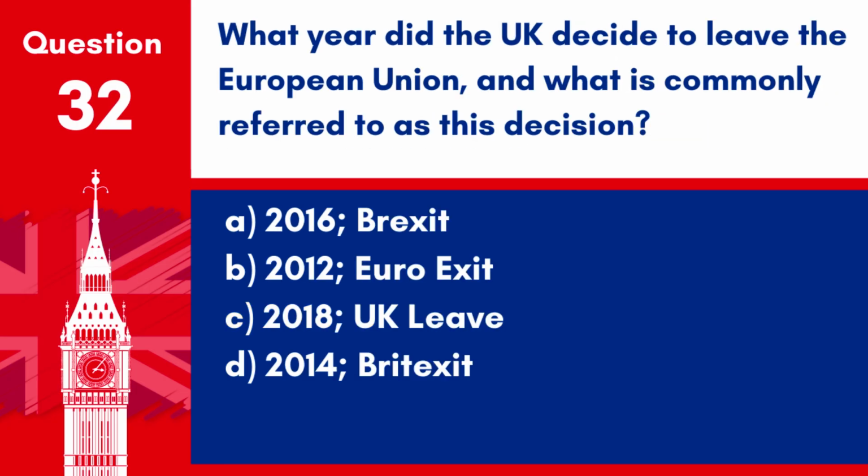Question 32. What year did the UK decide to leave the European Union, and what is commonly referred to as this decision? A. 2016. Brexit. B. 2012. Euro exit. C. 2018. UK leave. D. 2014. Brexit.